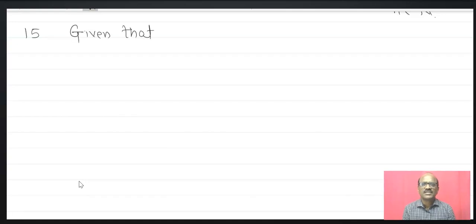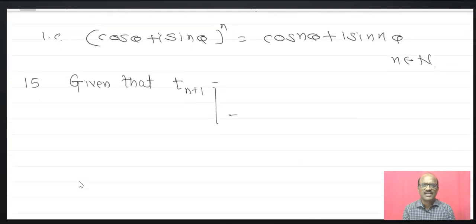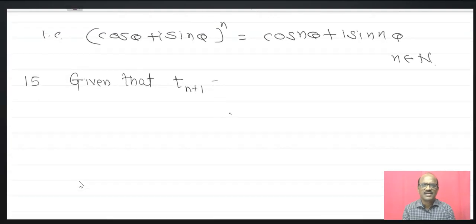It is given that t(n plus 1) is equal to 5 tn plus 4, t1 is equal to 4, then prove that. Very interesting example this is.